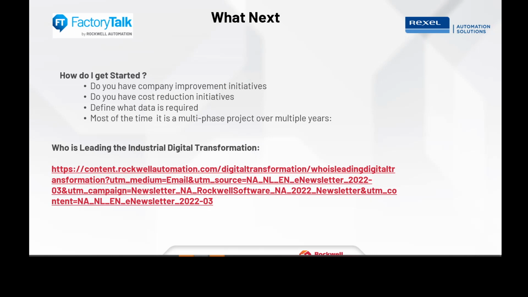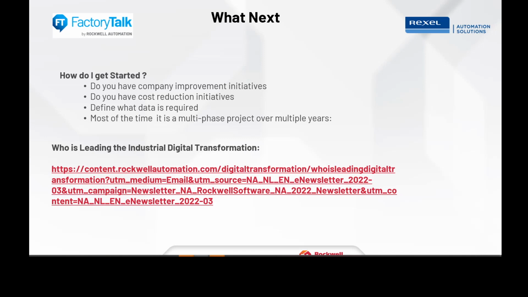Some of these questions you might ask: do I have company improvement initiatives, cost reduction initiatives? Right. That might get some of these. You have these programs. We can help you identify the correct software that would help you meet your initiatives, and start to define what data is required.